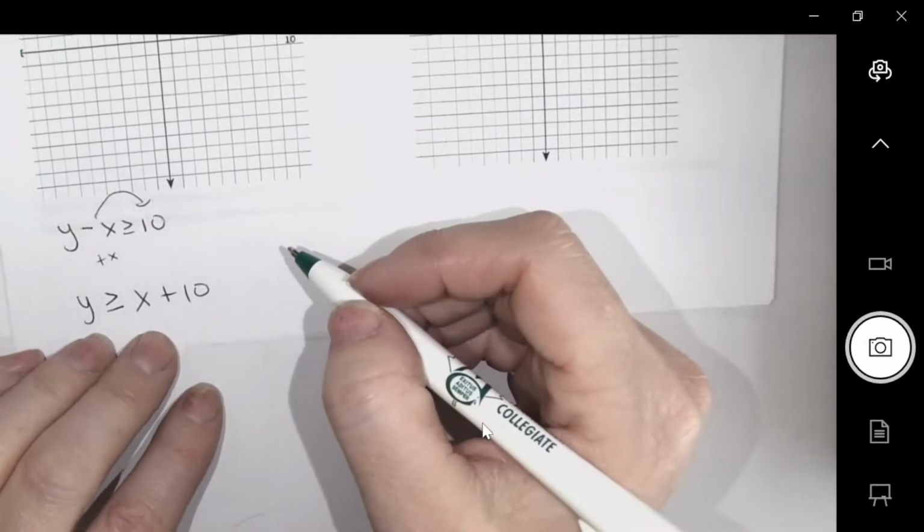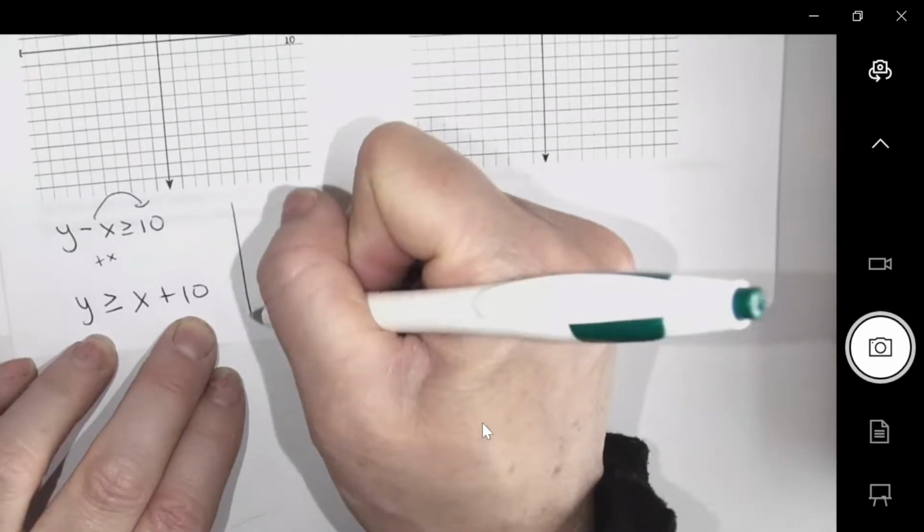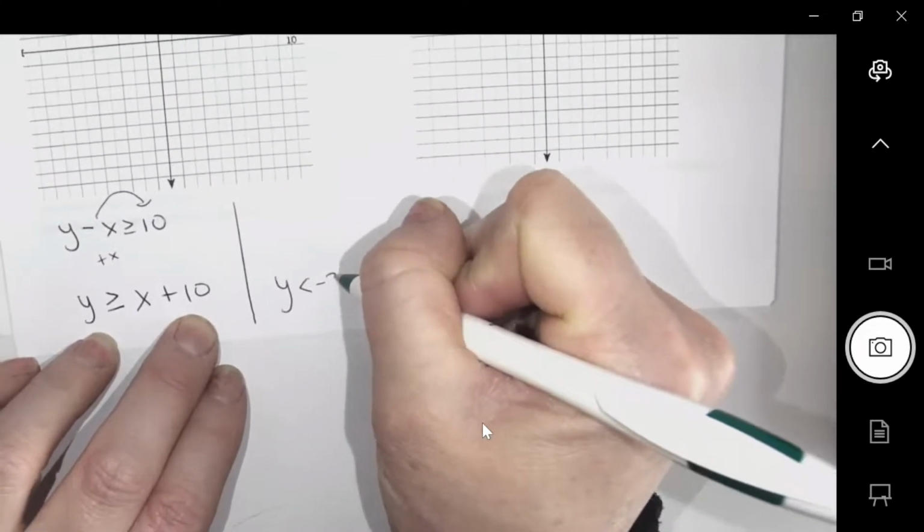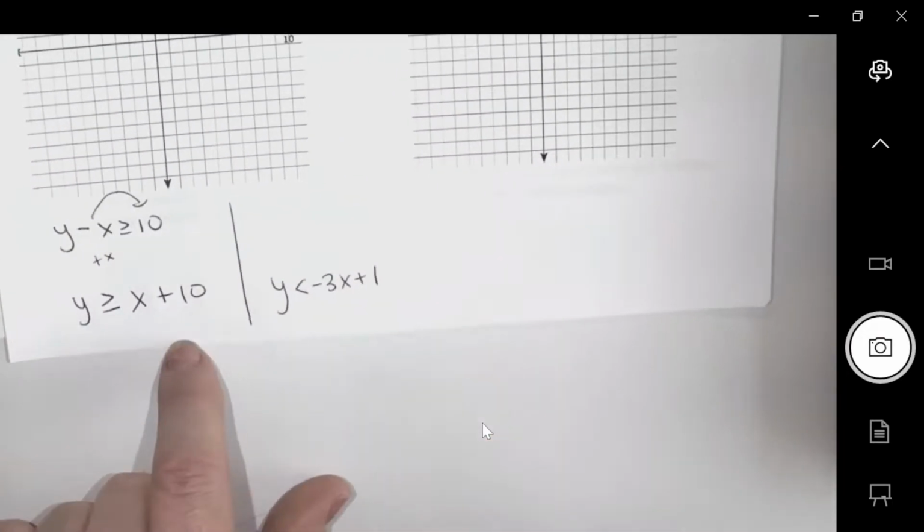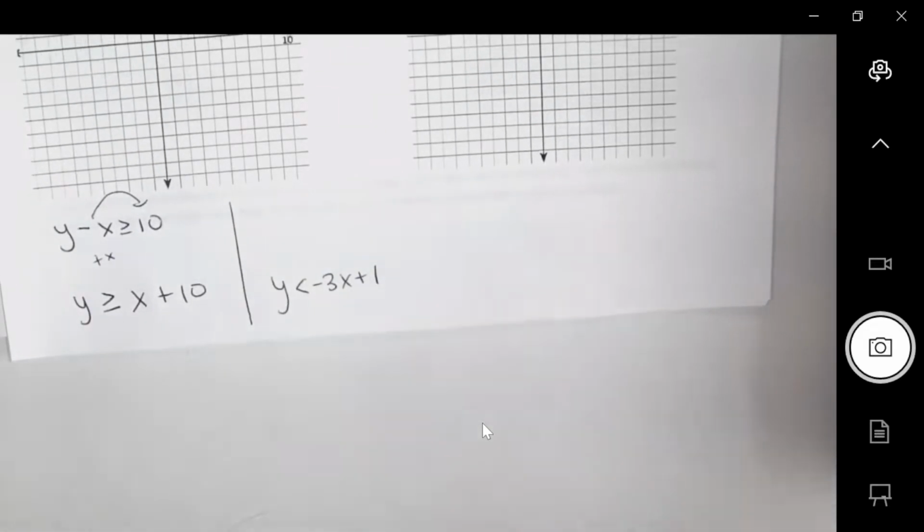Okay, and I always like to write mine with the y part here, the sign, then the x piece, then the number piece. Okay, and then the other one is ready to go because the y was already alone.